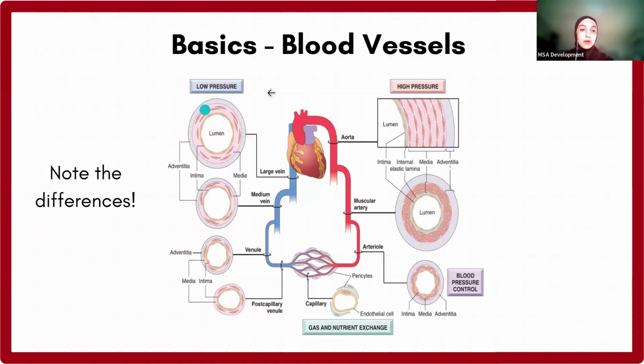This is not that important, but keep it in mind, because when you understand the basics, the rest of the things are easy to understand as well. As I said, the low pressure vessels are just a little bit thinner in terms of layers, and as we know, they're low pressure vessels. All of this is just to paint a clear picture in the head.